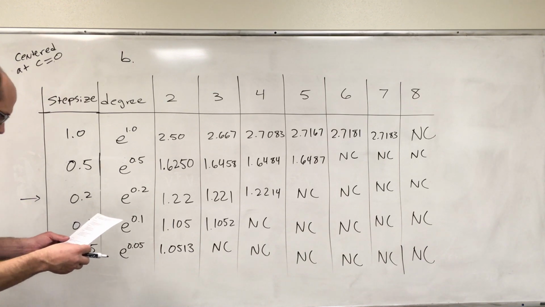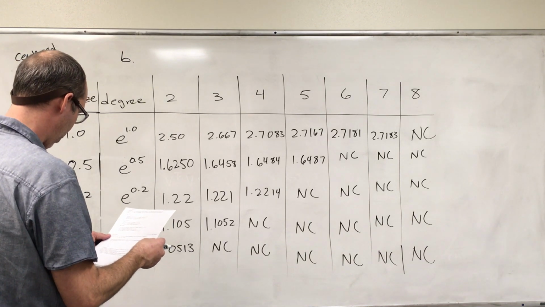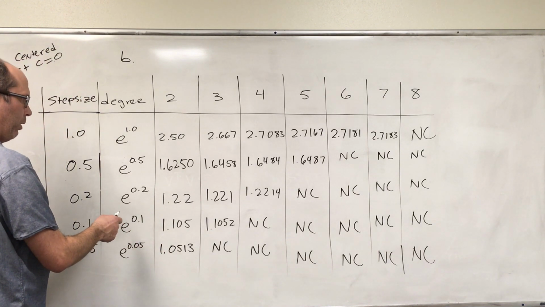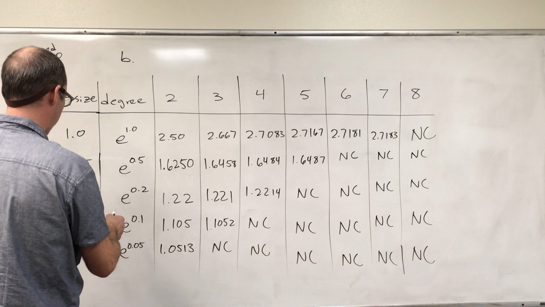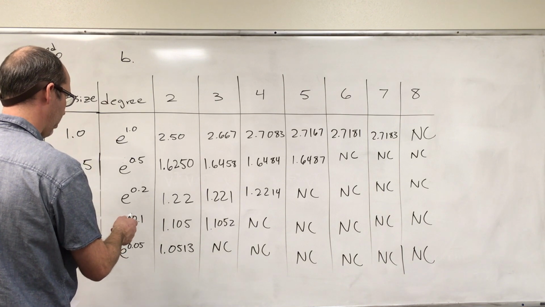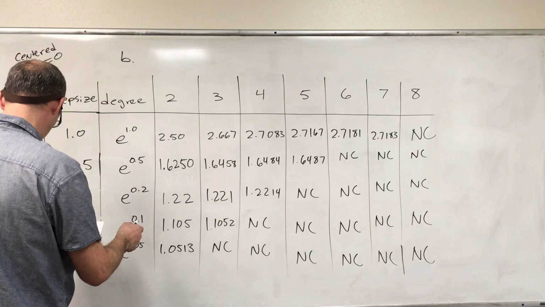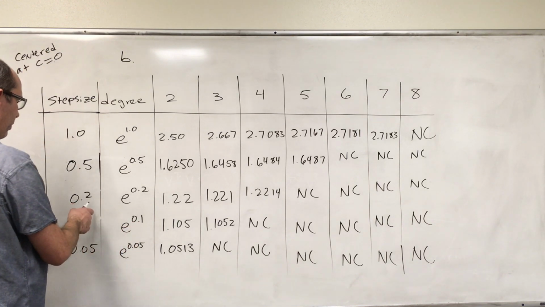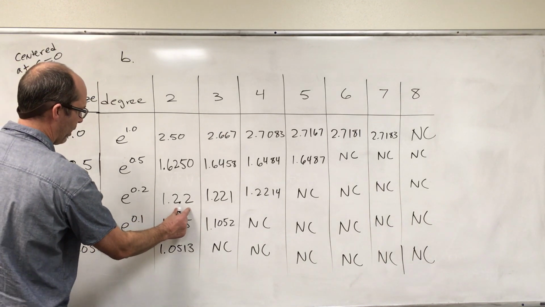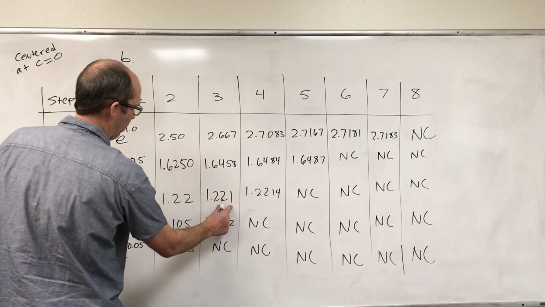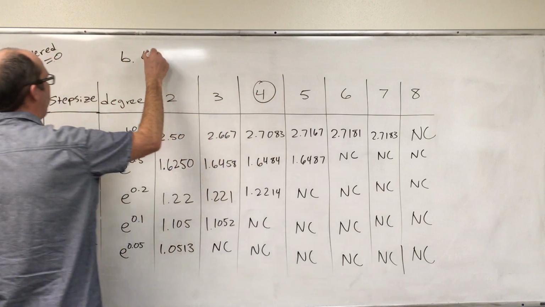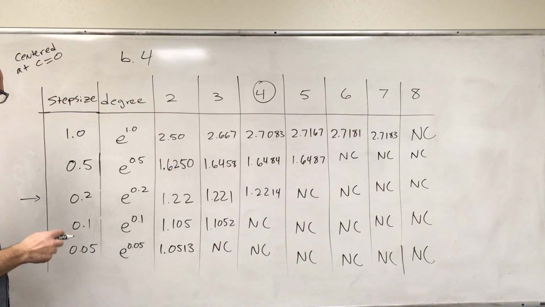What's the smallest degree that will give you 4 decimal places of accuracy? Okay, so 0.2, 4 decimal places of accuracy. Right here, there's 2 decimal places, right? 3 decimal places, 4 decimal places. Okay, the answer is 4. Do you see that?